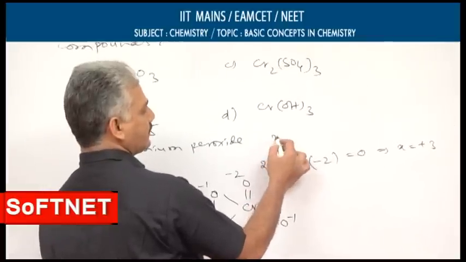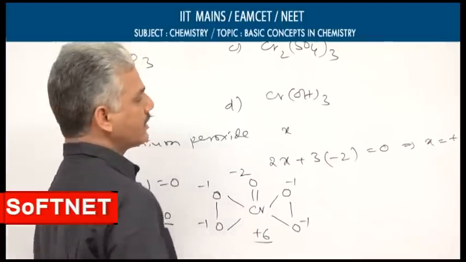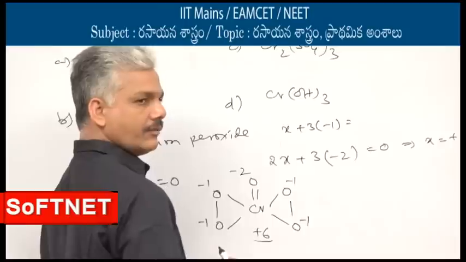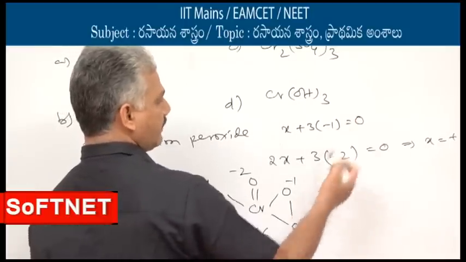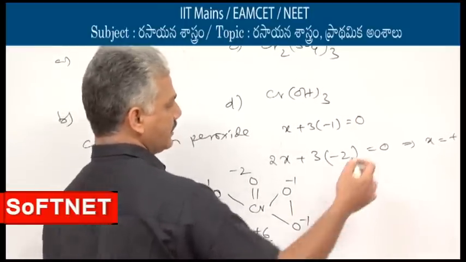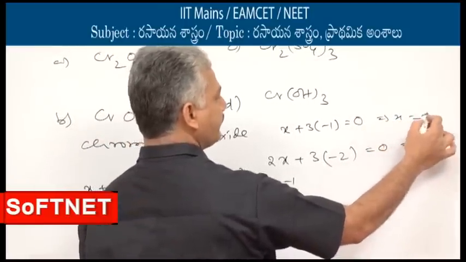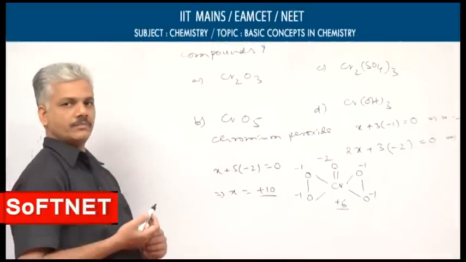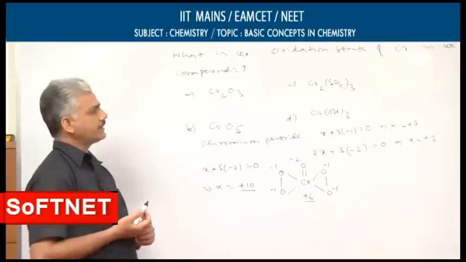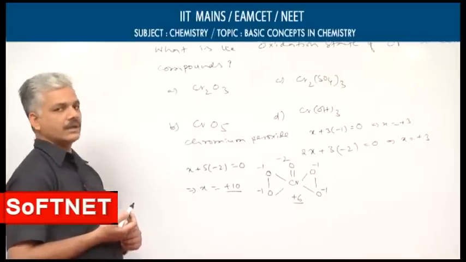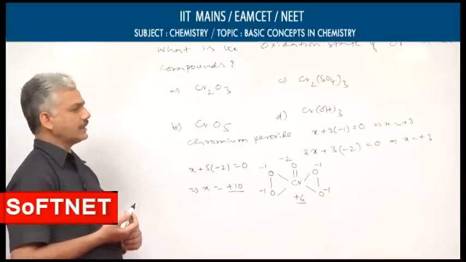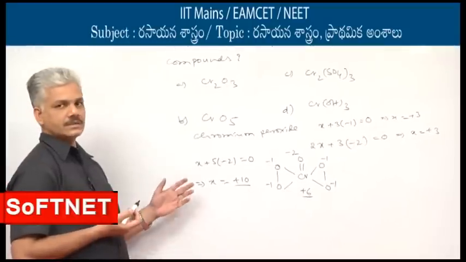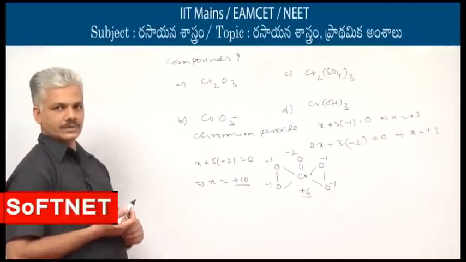Then coming to the next case, this compound Cr(OH)3 is called chromium hydroxide. In this, if X is taken as the oxidation state of chromium, each hydroxide ion will carry 1 unit of negative charge. The net value has to be taken as equal to 0, and from that the oxidation state of chromium comes out to plus 3. In this manner, for any element in any compound or ion, we can calculate the oxidation state values simply by applying the rules.